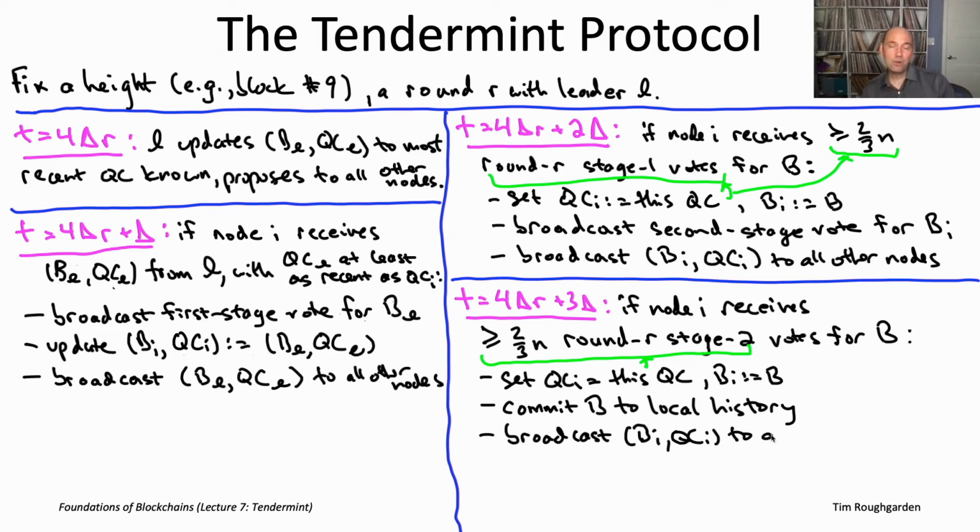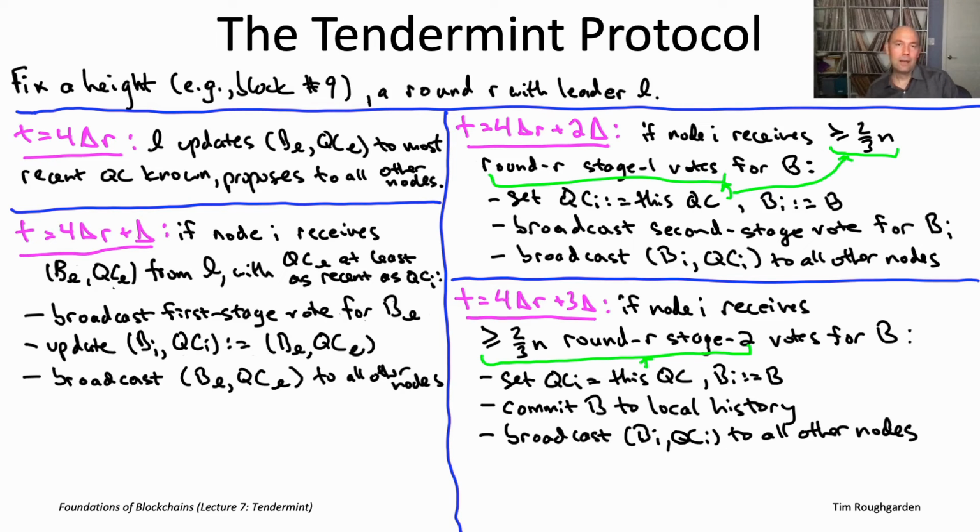And so again, for the same reason, we know there can't be 2 conclusive winners from that referendum, because there can't be 2 quorum certificates from the same referendum that support different blocks. If in fact node I does witness this supermajority, then it collects those votes into a quorum certificate that it assembles from these second stage votes seen firsthand.